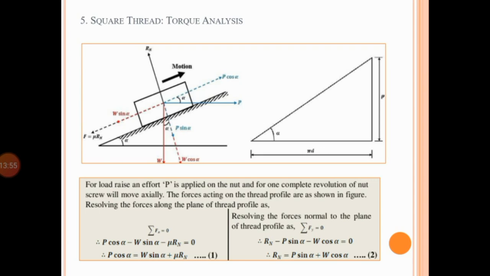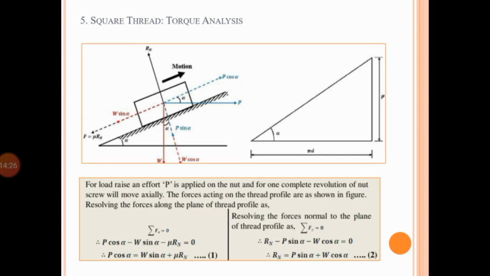One more thing, the right-hand side diagram is a triangle. Actually it is not a triangle but a scalar diagram. Look at the bottom base of the triangle, identified by pi d, whereas the height of the triangle is represented by P. So actually one single thread is taken for the analysis, and the relation between pi d, that means the peripheral distance of that thread, and the pitch has been drawn in the scalar diagram.